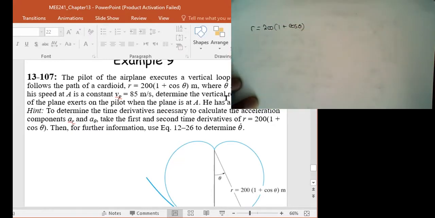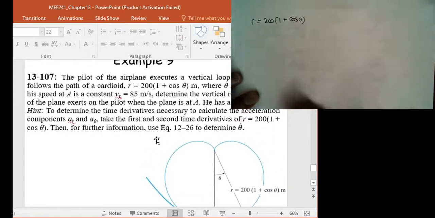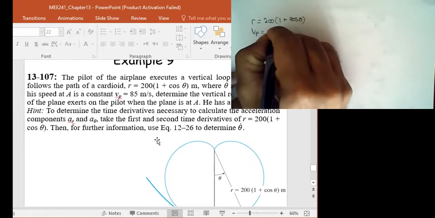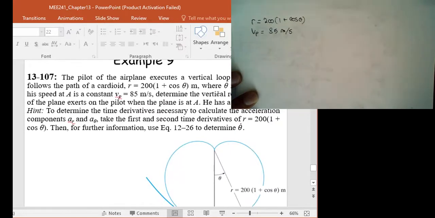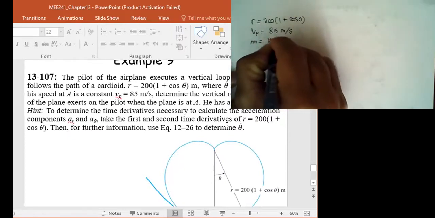So this is my curve. Theta is in radians. If his velocity at A is constant, given to us as 85 meters per second, we need to find the vertical reaction the seat of the plane exerts on the pilot when the plane is at A. He has a mass of m equal to 80 kilograms.